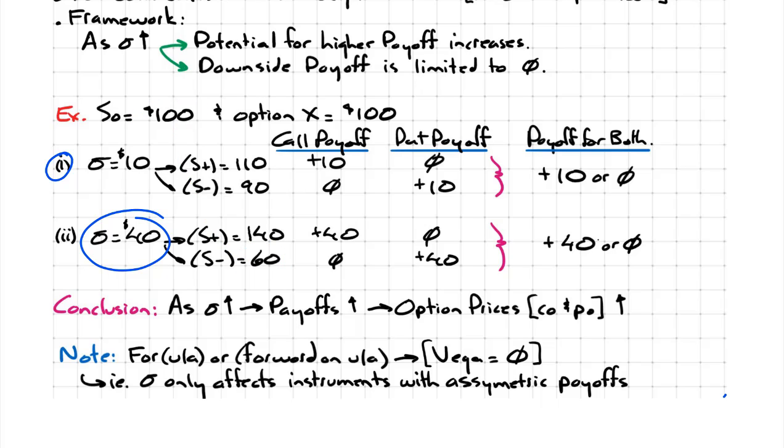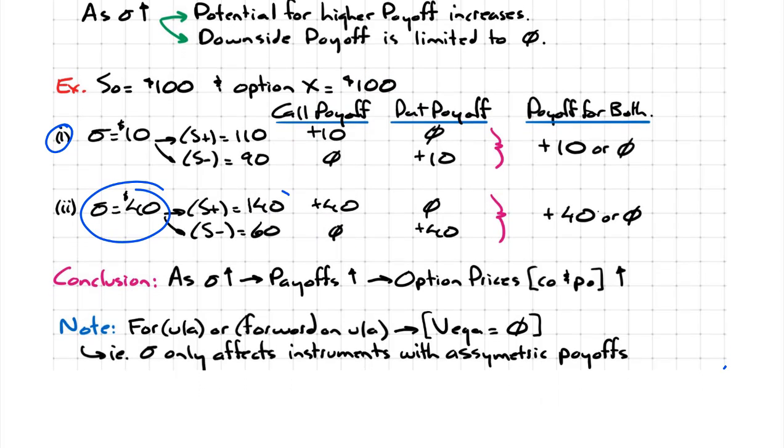Well, I'm not going to pay $100 in order to buy a $60 asset, so the payoff would be 0. How about for a put option? Well, if the price goes up to 140, I'm not going to sell it for $100, so the payoff would be 0. On the other hand, if the price drops to $60, which is a loss of 40, then I'll gladly deliver a $60 asset in order to get $100. So I walk away with $40.